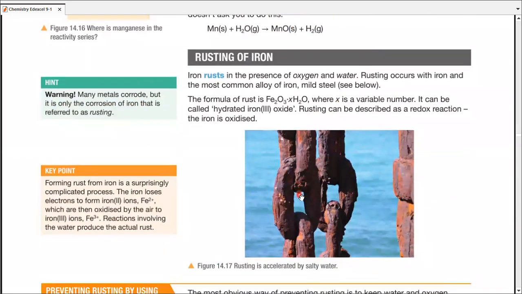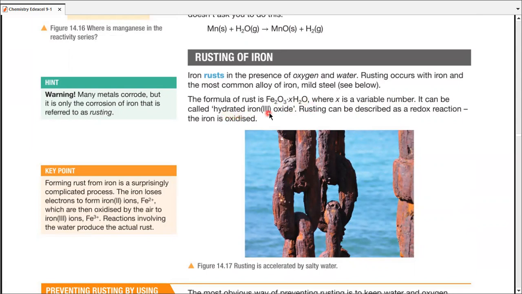Rusting of iron, one of the last topics of the chapter. Iron rusts in the presence of oxygen and water. This happens naturally to iron. Rusting occurs with iron and the most common alloy of iron, which we call mild steel. Now, the formula for rust is Fe2O3, and there is some variable number of water molecules with it.